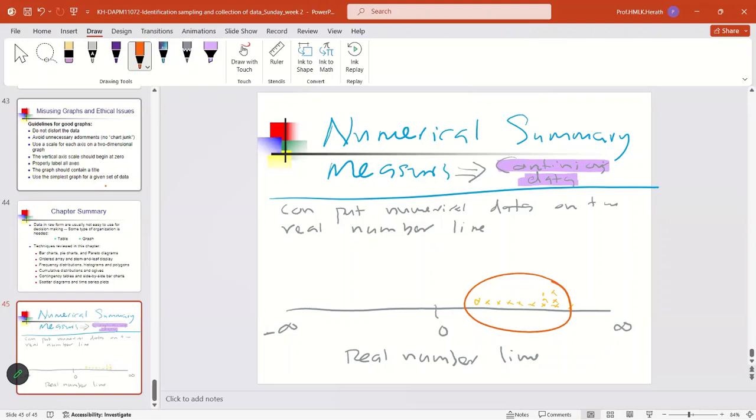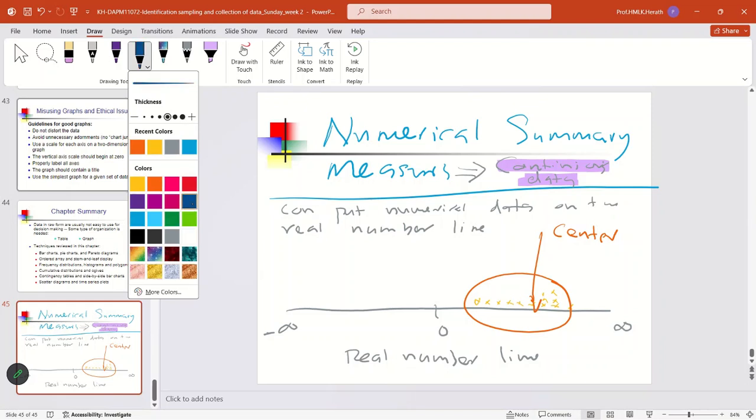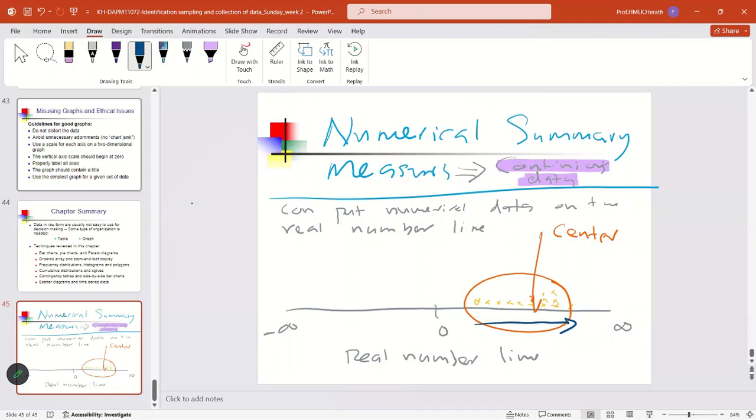This is our data set. This data set is positioned on the number line at the center. So this data set holistically can be positioned at the center. And it will also spread on the number line over a certain distance.